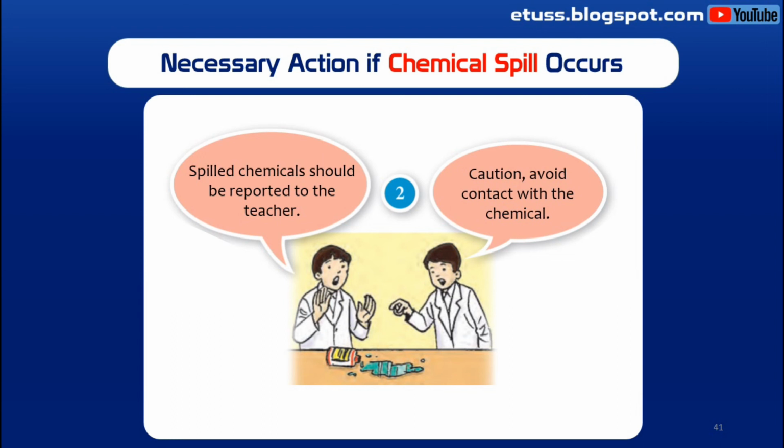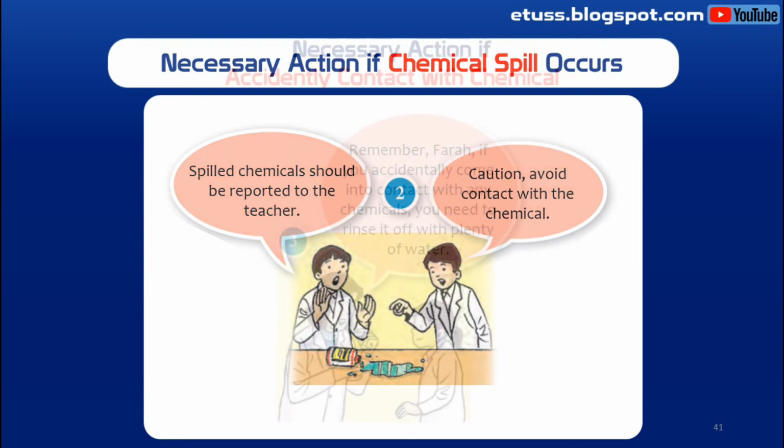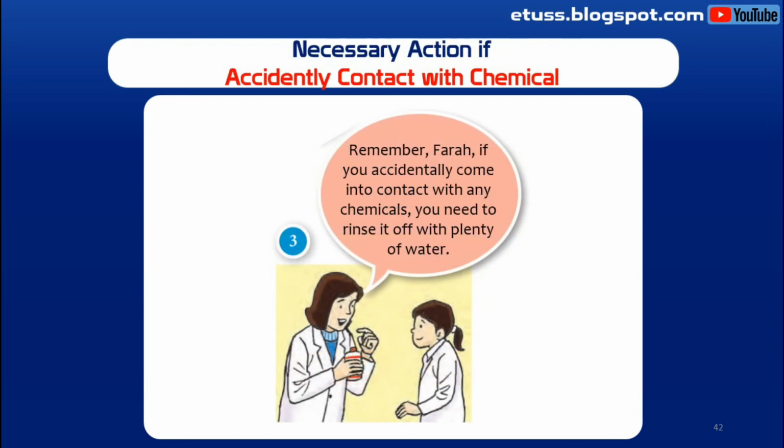This must be reported immediately to the teacher. If you accidentally ingest chemicals or you come into contact with any chemicals, use plenty of water to rinse them off. Then, inform this to the teacher.